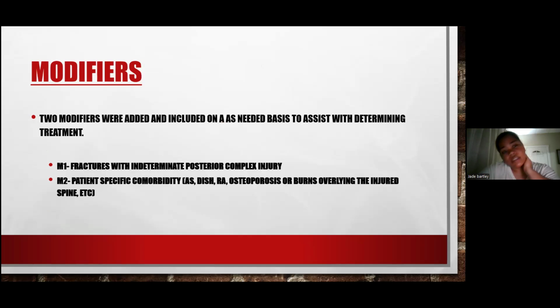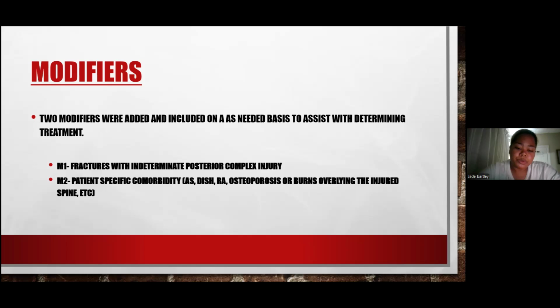Modifiers. So this actually helps to further guide management of patients, because based on the presence or lack of certain factors, this would affect management in terms of operating or not. It has 2, M1 and M2. M1 speaks to fractures with indeterminate posterior complex injury.